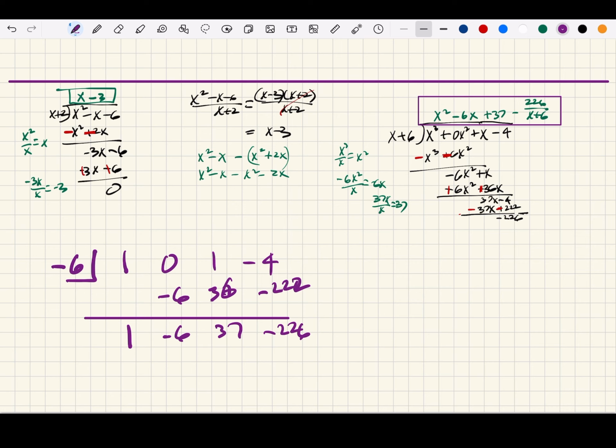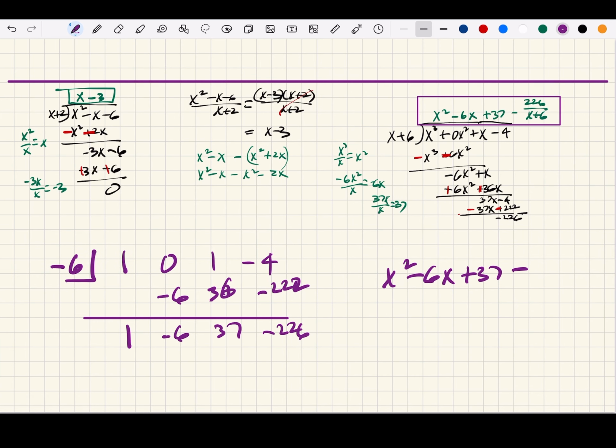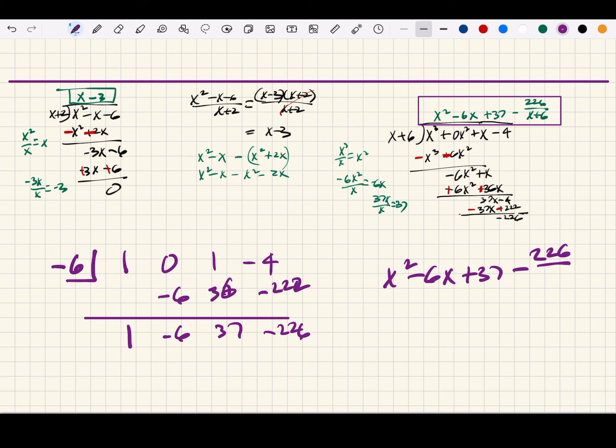And that's not a coincidence. That's how that works. And the last number is the remainder. So this would be x squared minus 6x plus 37 because I'm dividing a cubic by a linear, right? And then minus 226 over x plus 6.